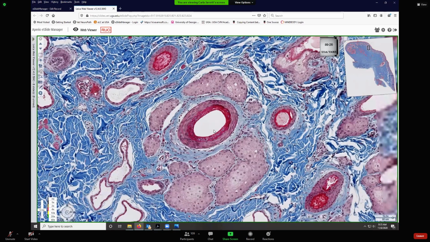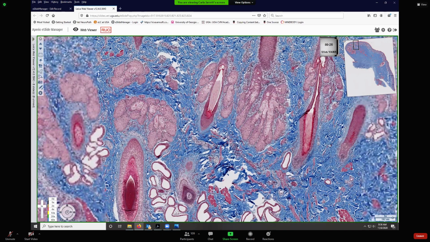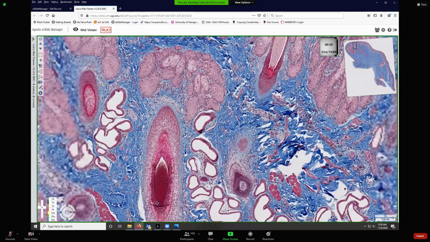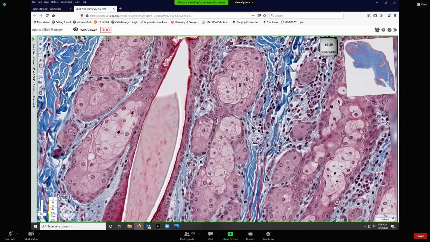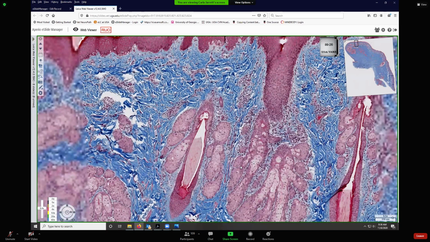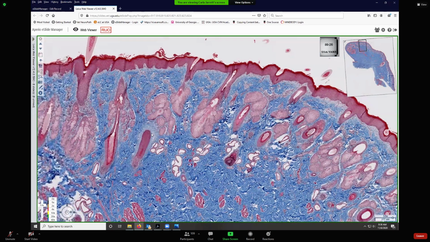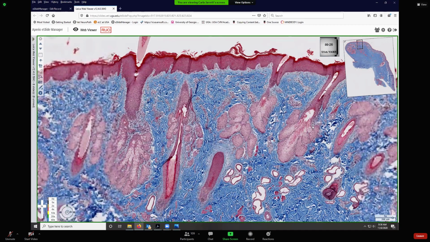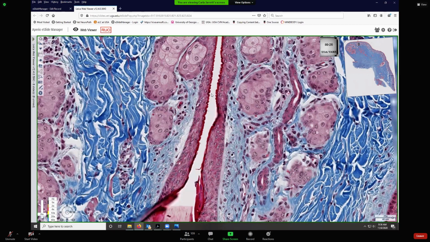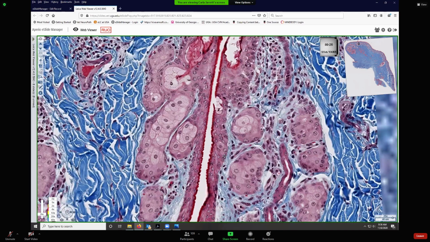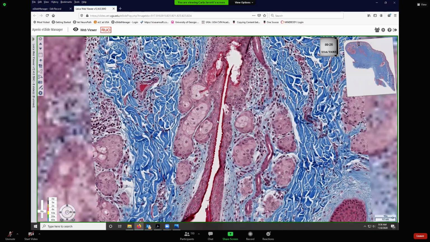So the internal epithelial root sheath also has a cuticle. Let's see, I think we can see it. There was one of them where it showed up nicely, and I wanted to share that with you. Where'd he go? Here, this one. So the inner layer of that internal epithelial root sheath also has a cuticle, and it's hinged downwards.